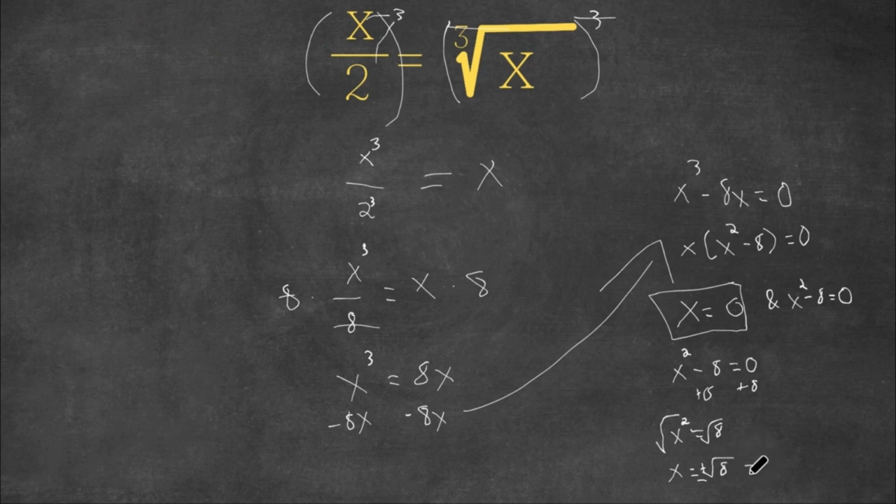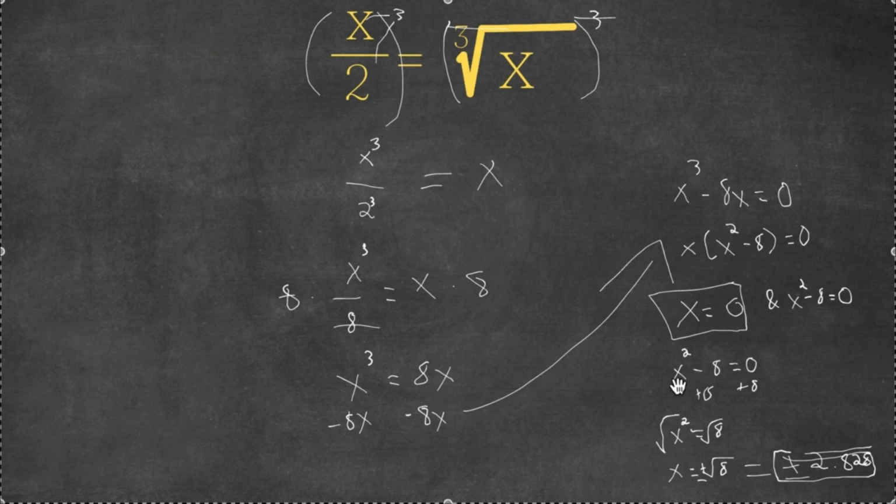So this equals plus or minus 2.828. As you can see, we have our two values of x, and that is our answer.